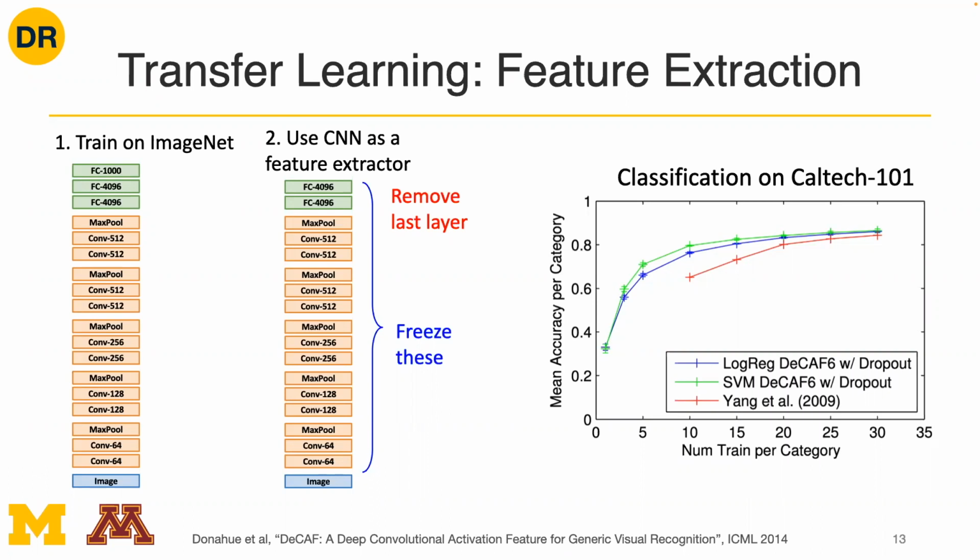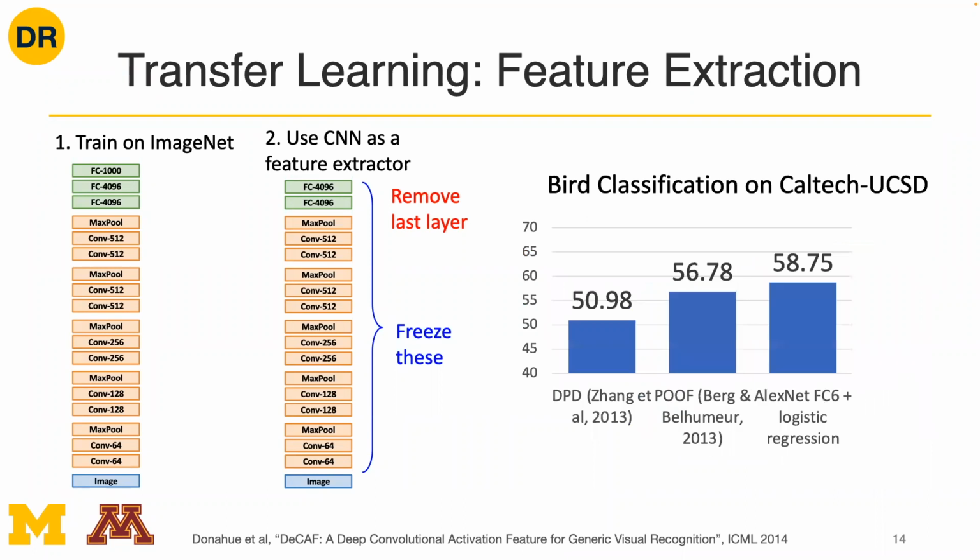So you can see that by exploiting this frozen network, which was trained on ImageNet and is the backbone here, you can actually get much better classification accuracy as opposed to not using that, let's say using the Yang et al. work, which is plotted in red here. This has been shown on multiple datasets.